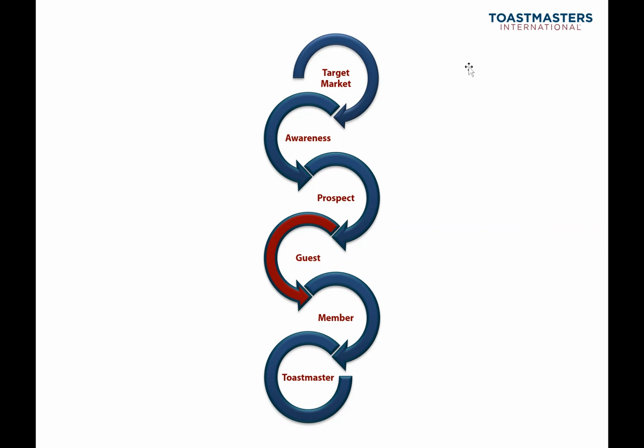Then this step leads into the member stage, which is where we have those conversations in the club meeting or outside the club meeting to convert that guest into a member. So let's get started, because there are a number of things to cover here, and there are many, many different tools out there to assist you with taking someone who's just contacted your club and encouraging them to come along to your club as a guest.